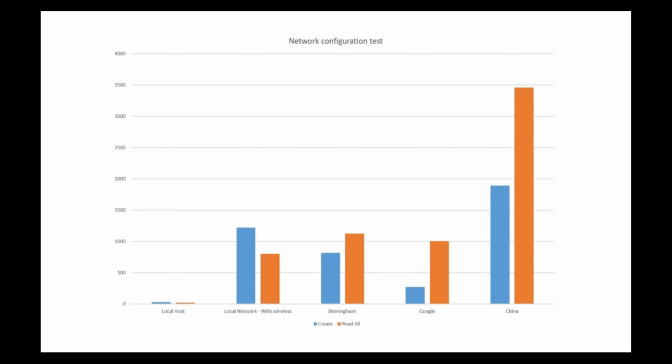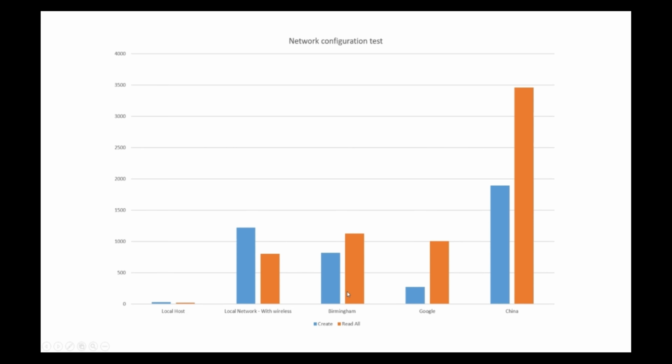Then I went over to Birmingham University, and I did the same again. So this time we were using a machine at home as the server, and the client was moved to Birmingham. It was then on the university's wireless network, and this is the result we got.